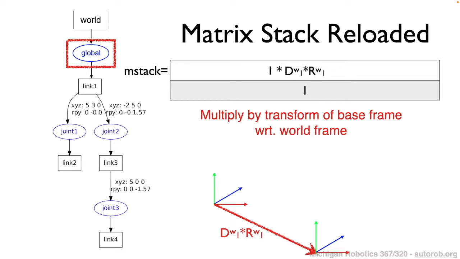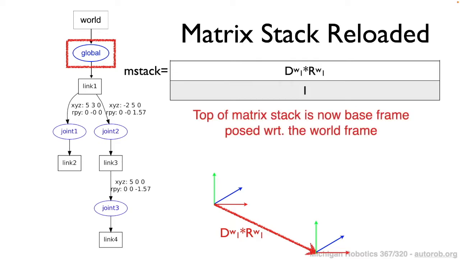Composing those two transformations together and multiplying them by the top of our matrix stack, which was the identity matrix, results in a new matrix at the top of our stack, which is shown here. This matrix represents the transformation from the base frame of the robot with respect to the world frame of the environment.